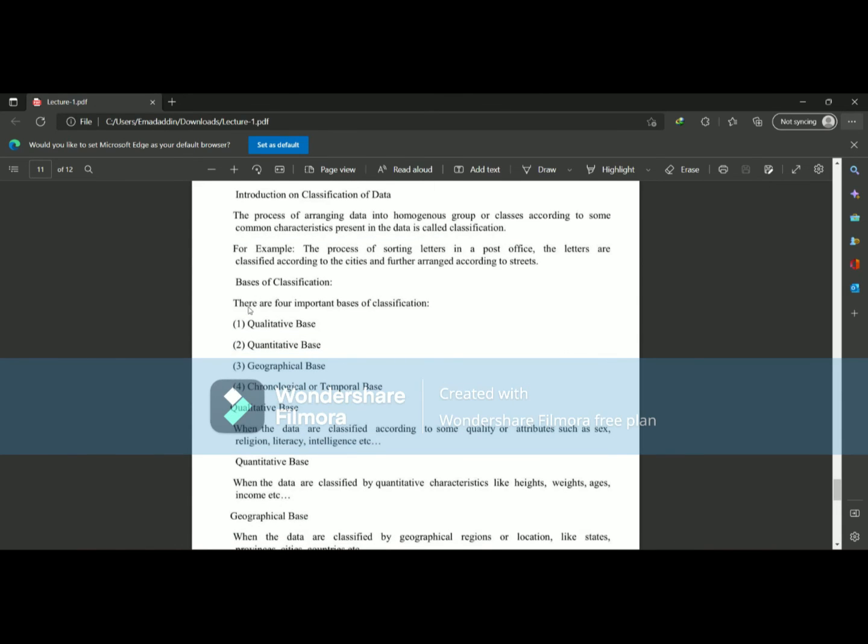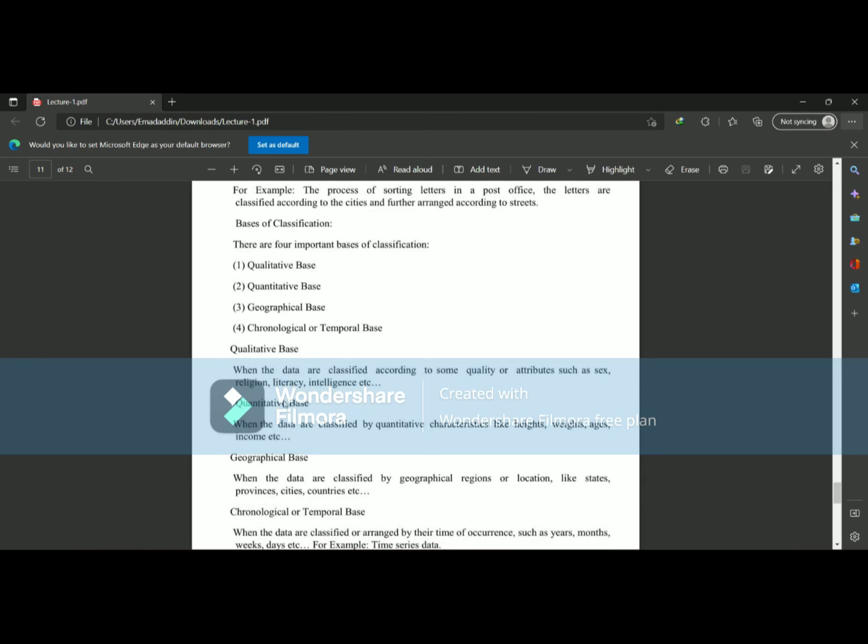Types of classification. There are four important types of classification: qualitative, quantitative, geographical, and chronological or temporal.